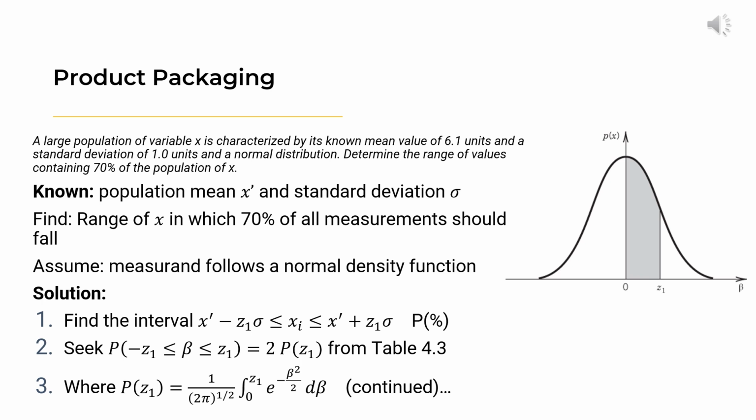Formally, the solution starts with identifying that we're looking for the interval x prime minus z1 times sigma is less than or equal to xi less than or equal to x prime plus z1 sigma at some probability p%.